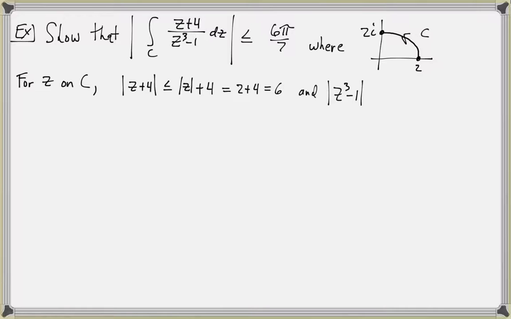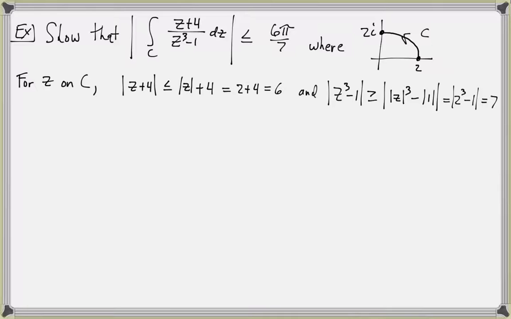So the absolute value of z cubed minus 1, again, is greater than or equal to, by the corollary to the triangle inequality, the absolute value of z cubed minus the absolute value of 1. Again, we're dealing with absolute values of z equal to 2, so this just equals 2 cubed minus 1 in absolute value, 8 minus 1, which is 7.